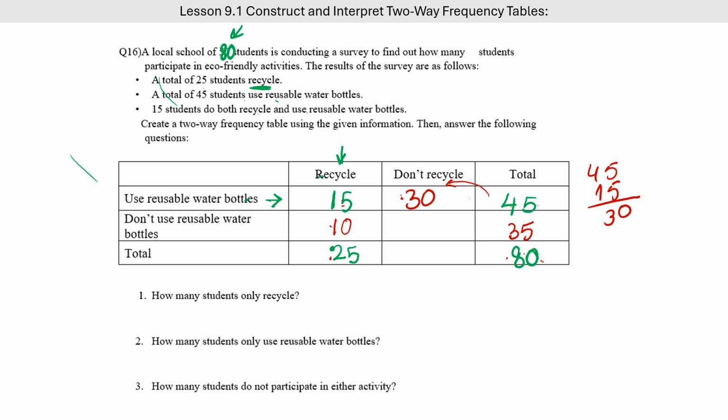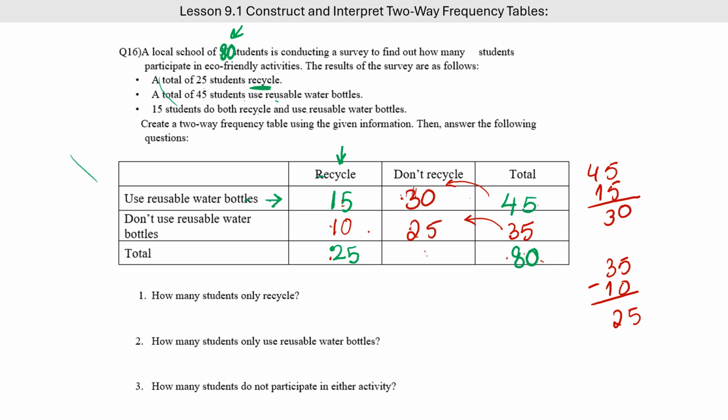Now again, total given, this given, I have to find out the middle number. If total is given, I subtract, which means 35 minus 10. So it gives me 25. Now look at this one. These two numbers are given and I need the total.